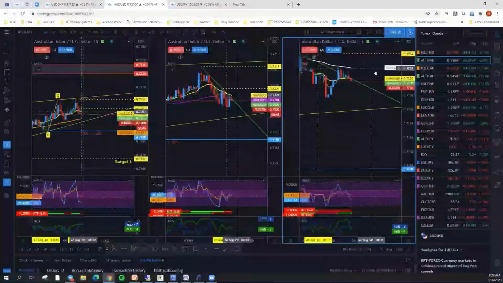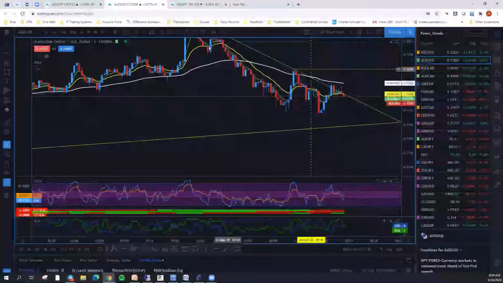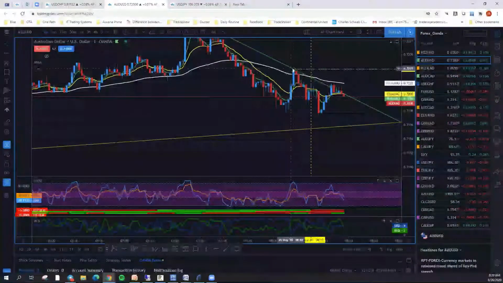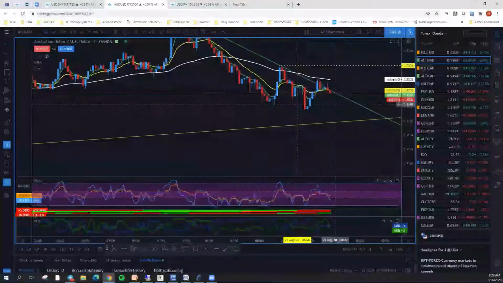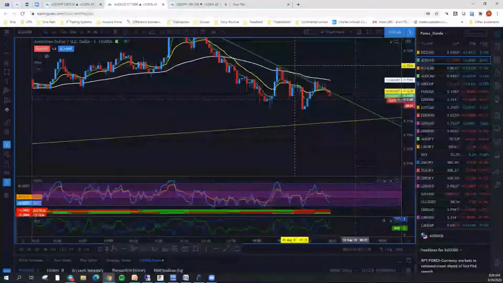If you look at this 1 minute chart, you'll see we had a nice move down, came up, and now we have another little descending wedge. And as soon as that candle closes, I'm going to take this one short.